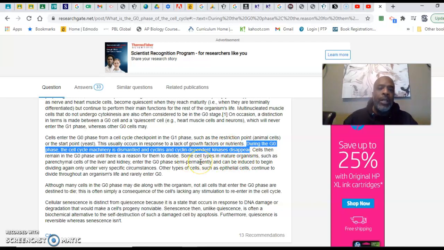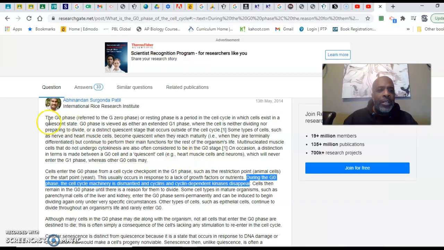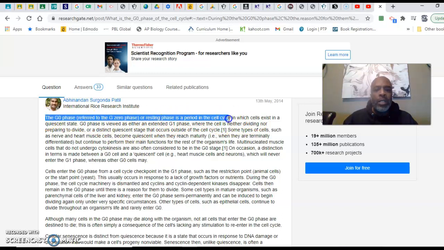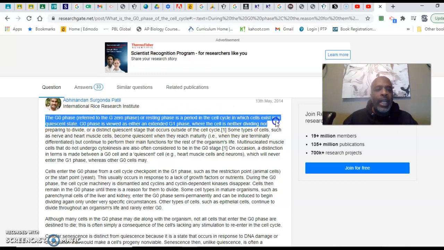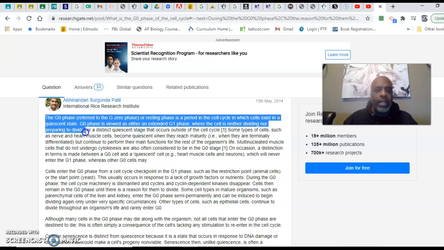Also, the G0 phase or resting phase is the period in which cells exist in a quiescent state, viewed as an extended G1 phase where the cell is neither dividing nor preparing to divide. So it's basically in a resting state.